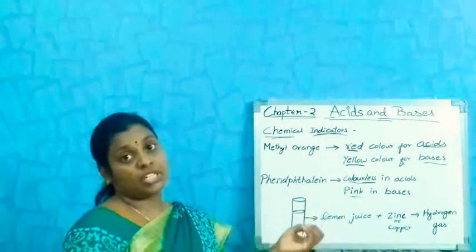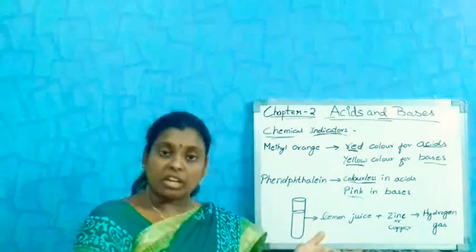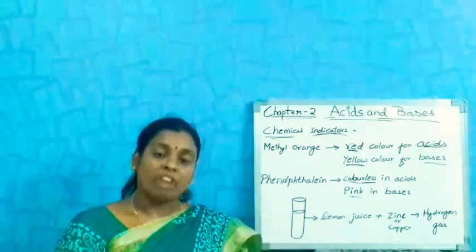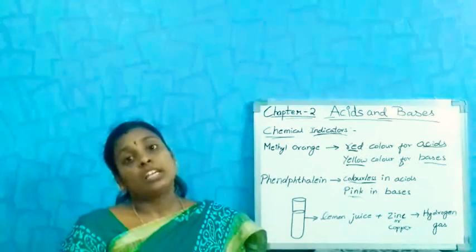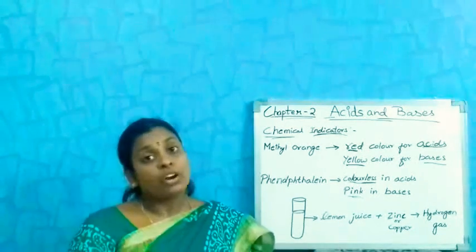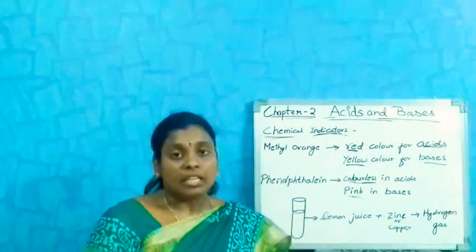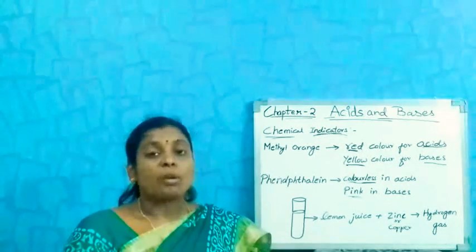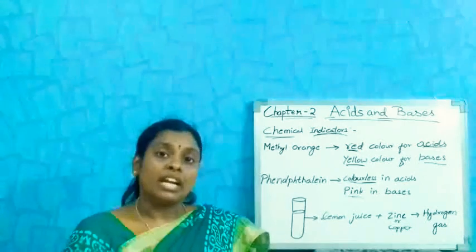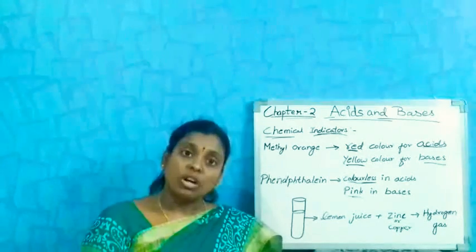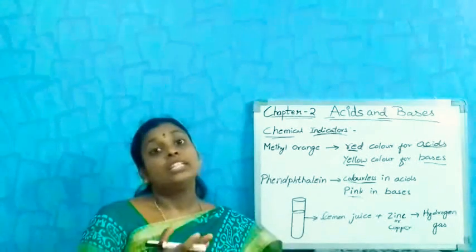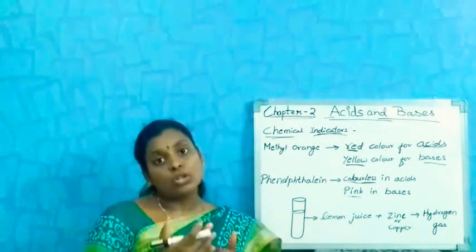During the evaporation from the water bodies, nowadays because of pollution and the chemicals released from the factories, the water is getting polluted. So along with the water, some chemicals like sulfur dioxide, carbon dioxide and nitric oxide are also evaporated, and they are mixing with the clouds.